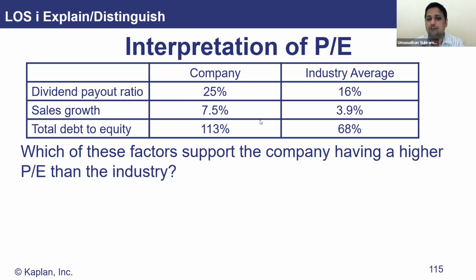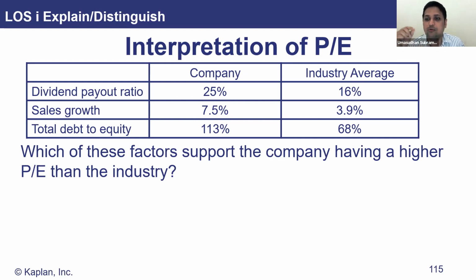Number two, sales growth is more than the industry average. That would mean the company's growth rate, which you're going to use in your formula to calculate your PE ratio, is going to be more. What is your formula to calculate PE ratio based on the dividend discount model? PE ratio equals D1 divided by E1, divided by cost of equity minus growth rate. Remember this is very important: D1 is next year's forecasted dividend, E1 is next year's forecasted EPS.